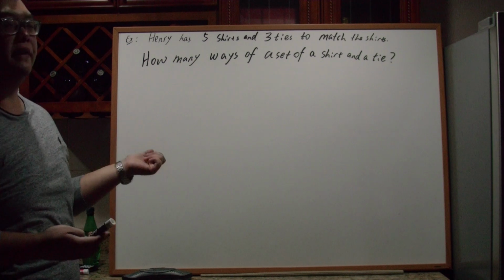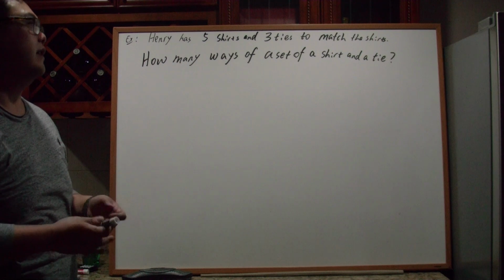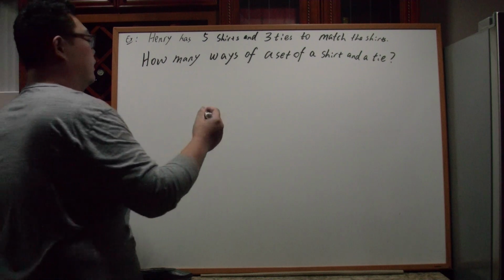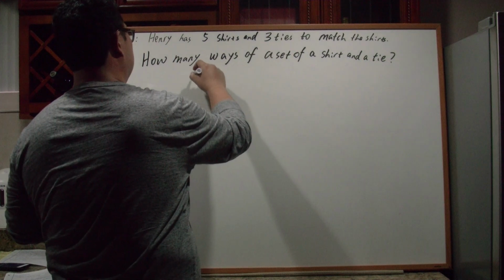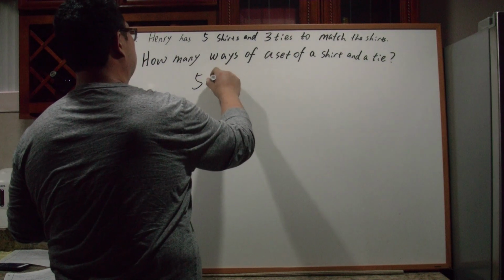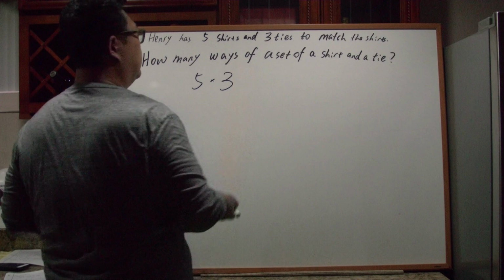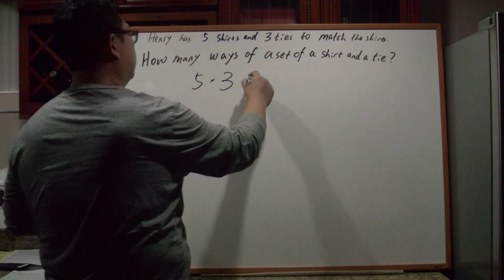But when we use the fundamental rule of counting, we know the number of ways will be just 5 shirts times 3 ties for each shirt. That is a total of 15.